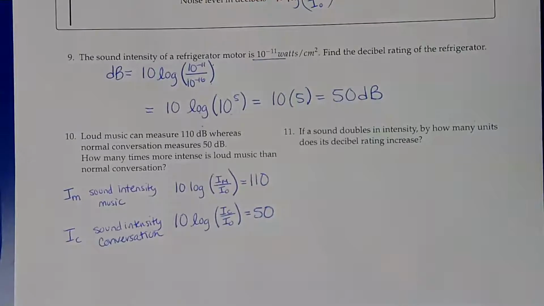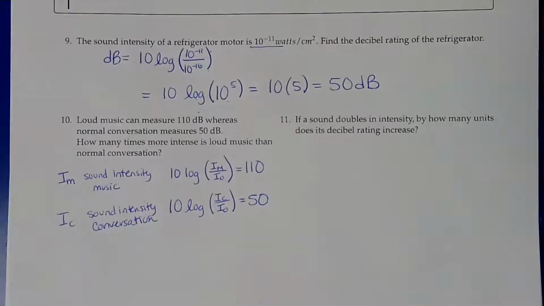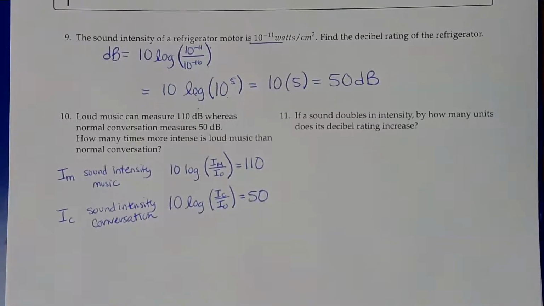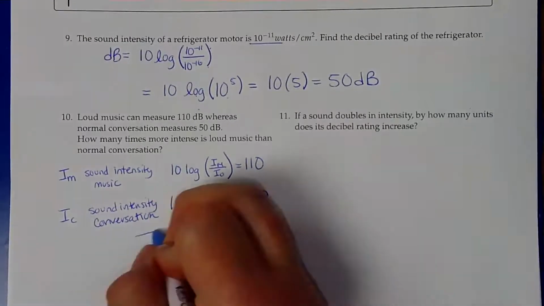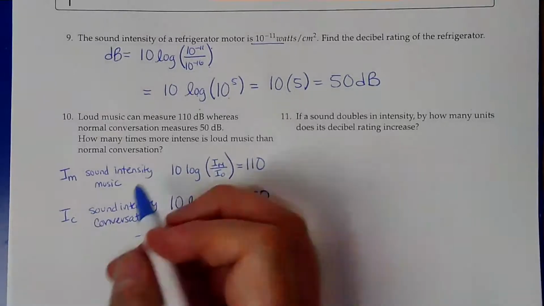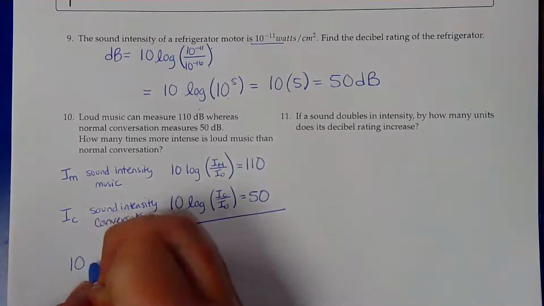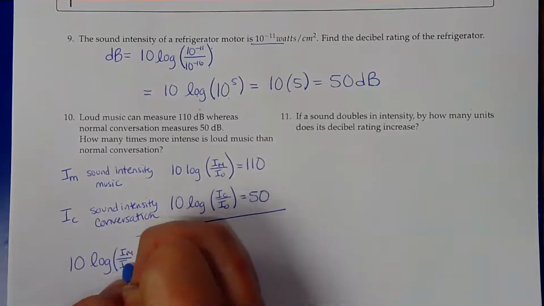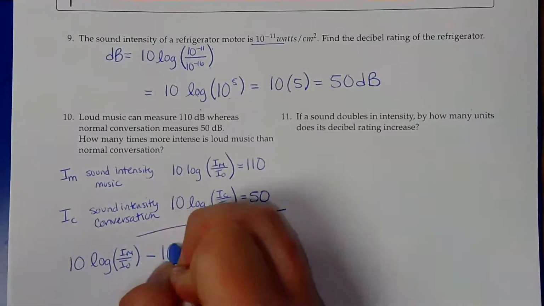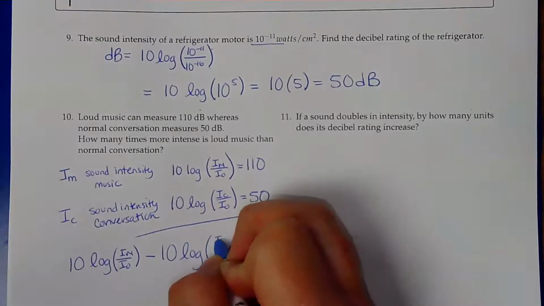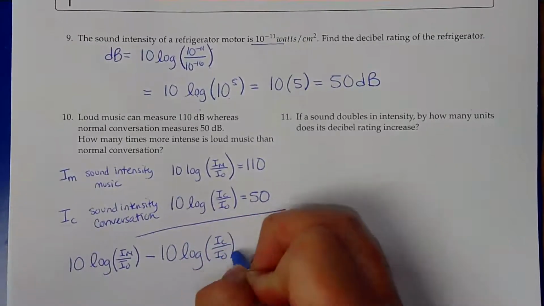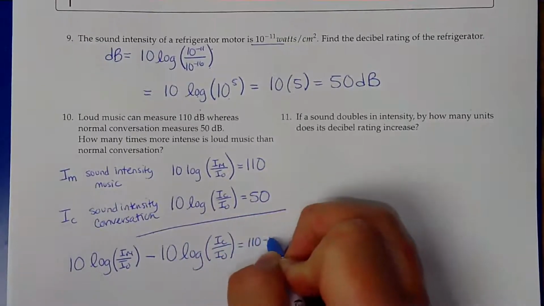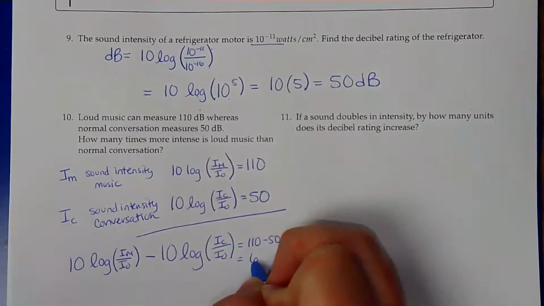Next I'm going to subtract these two so I can find the difference on my way to figuring out how much more intense this sound is. So 10 log of IM over I0 minus 10 log of IC over I0 is 110 minus 50, which is equal to 60.